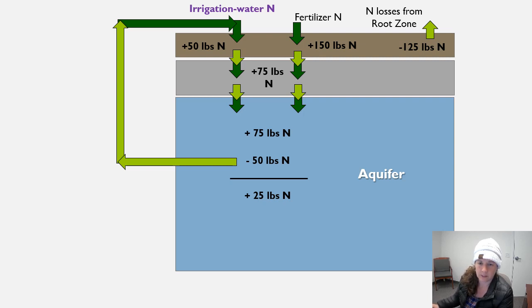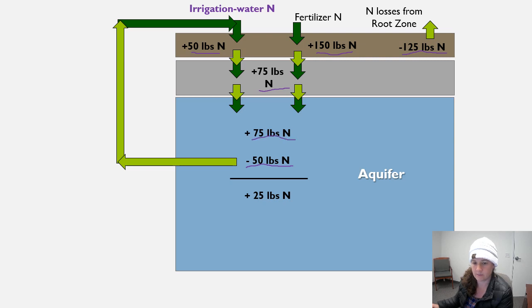What's actually going on here, though, is that before this 50 pounds can be applied to the root zone, that 50 pounds is first removed from the aquifer. So we have our 50 pounds applied in irrigation water, our 150 pounds applied in fertilizer, 125 pounds harvested out, our net of 75 going down into the vadose zone, going down into the aquifer.